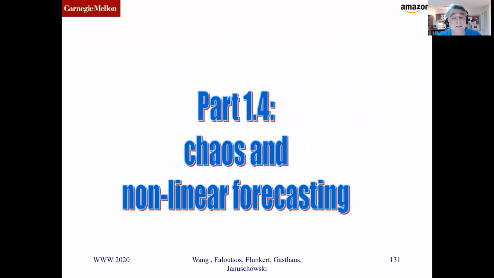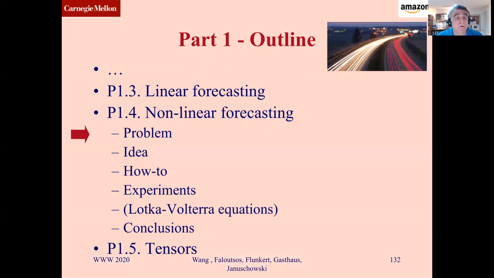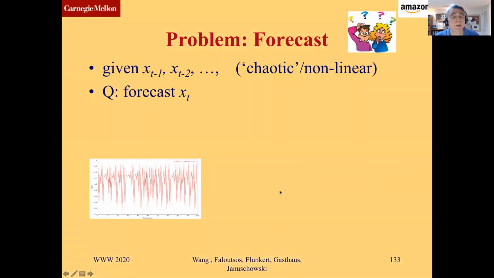And we are ready for part 1.4, how to do nonlinear forecasting. First we'll see the problem, then the main idea, then details, experiments, the Volterra-Lotka equations, and conclusions. So the problem again is, given a time series, figure out what will happen next. But the footnote is that this is a tricky time sequence.